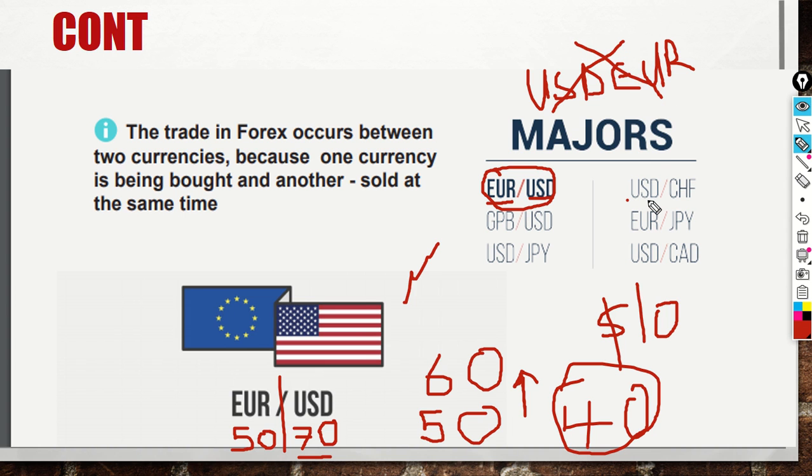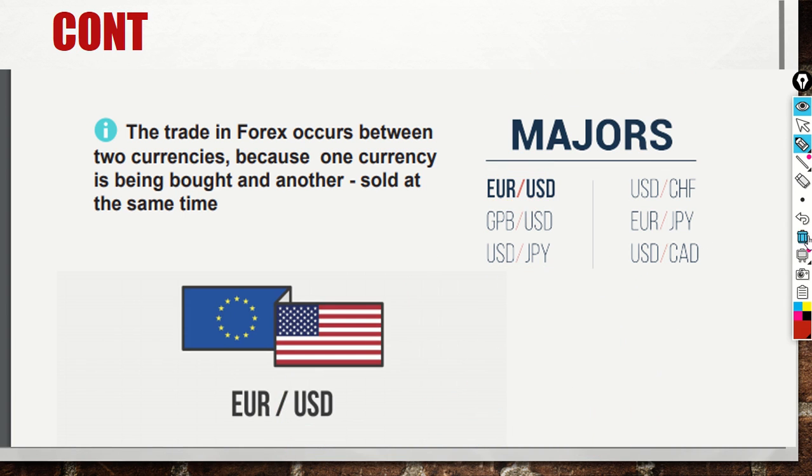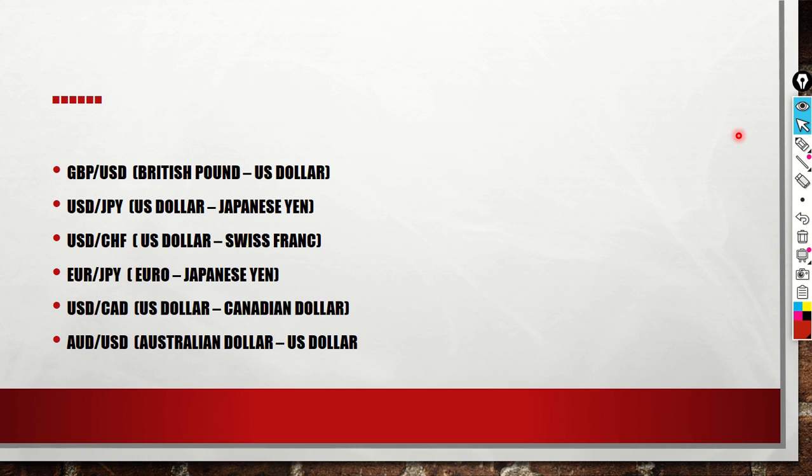The currency pairs will be quoted in only one way. There's no reverse of a currency pair. Something like you don't say CAD/USD, no, it will be USD/CAD. Once we have USD/JPY, there's no JPY/USD. I hope I'm making myself clear on that.